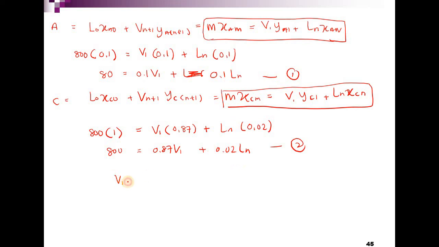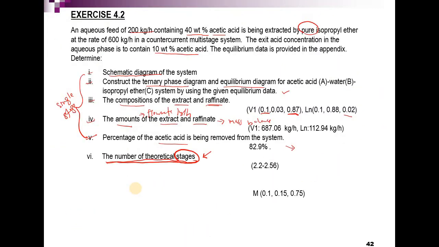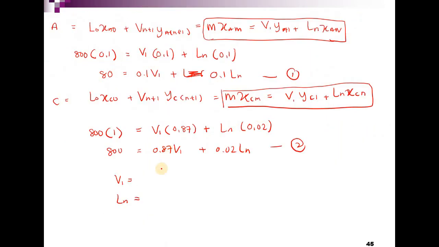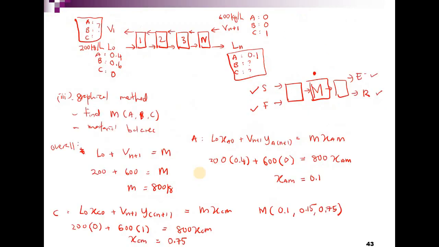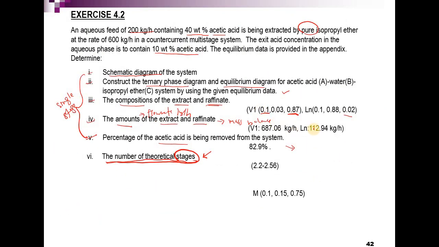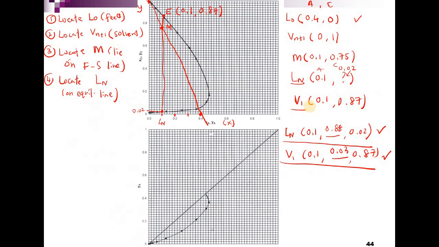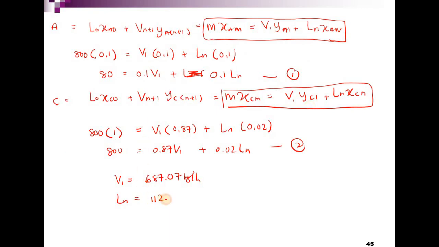Then you will get V1 as 687 kilogram per hour, and Ln you will get 112.94 kilogram per hour. You can solve this one by yourself.